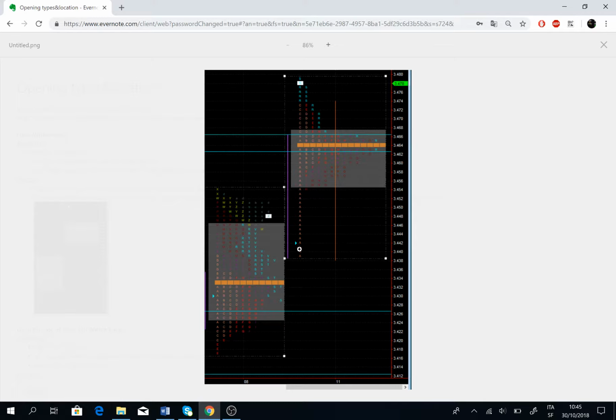So we have an open drive kind of open, which we will see in another video, and the market after that tries to balance in that zone. So to summarize, we have an opening within the range, but with a rejection of the prices; something happened and the market balanced above the previous day's range.